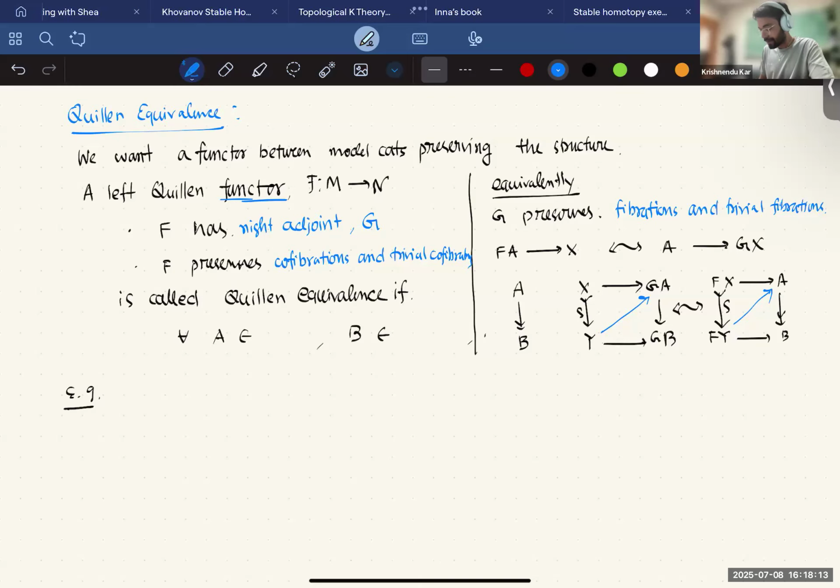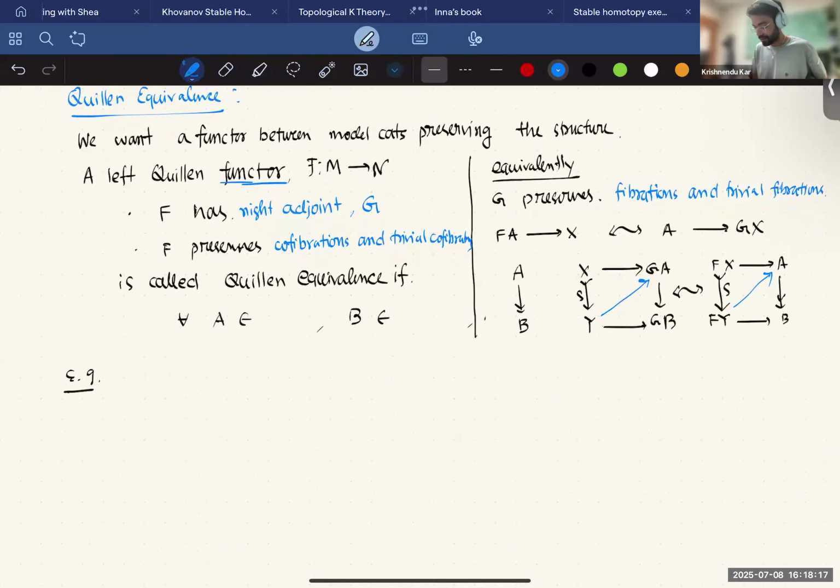Now, a left Quillen functor is basically a left adjoint, and equivalently, if G preserves fibrations and trivial fibrations, this is your right Quillen functor. Equivalently, you can define a right Quillen functor like this.